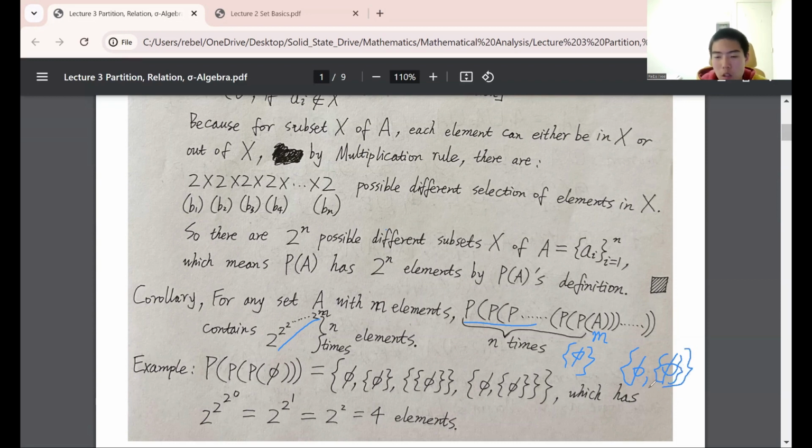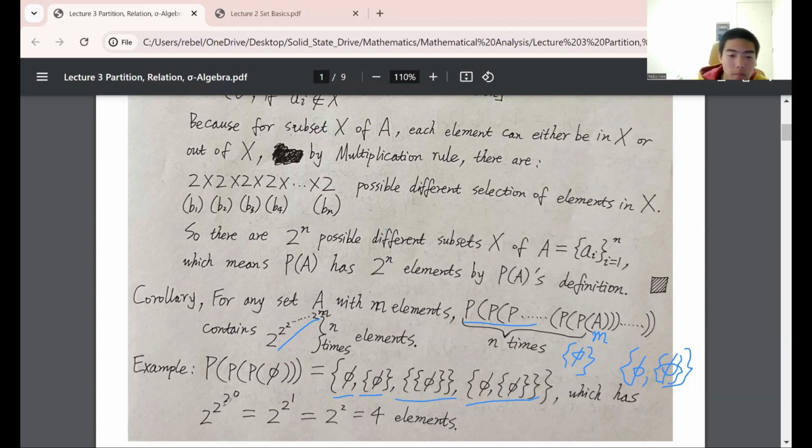The power set of the power set is asking how many elements are in the power set of this one. Itself is 1, and the empty set must be in it, so that's 2, and this element with the bracket is 3, and this element with the bracket is 4. So there are 4 elements, and this formula is actually correct for this one.